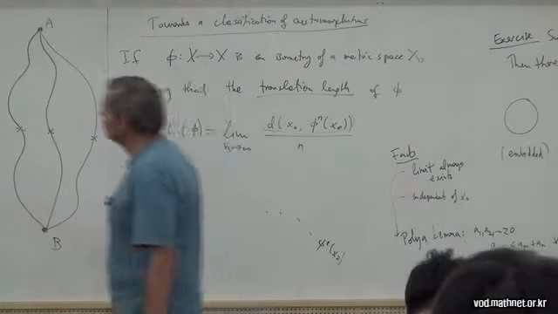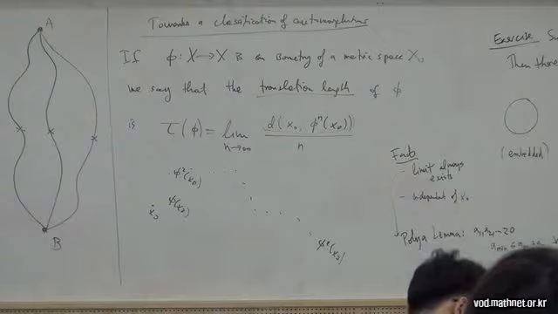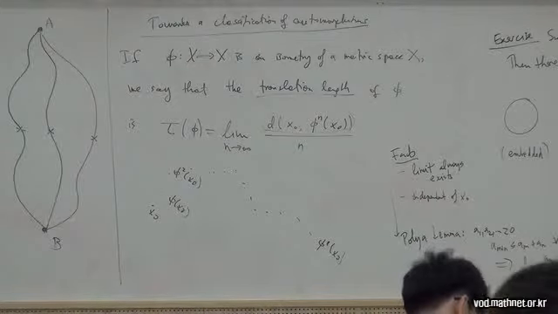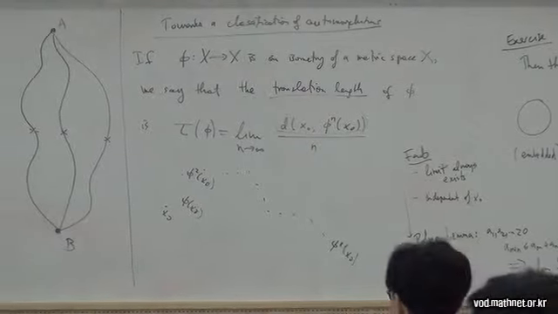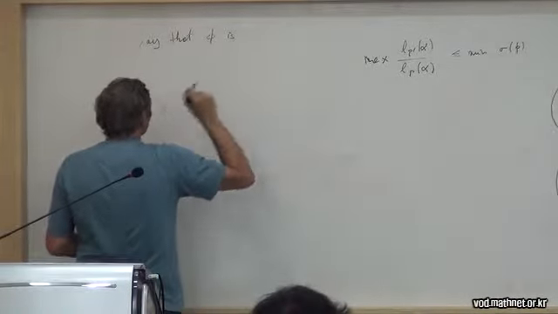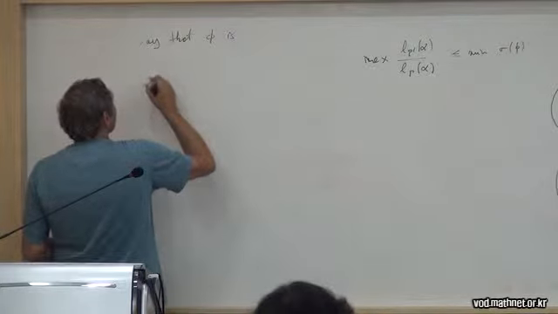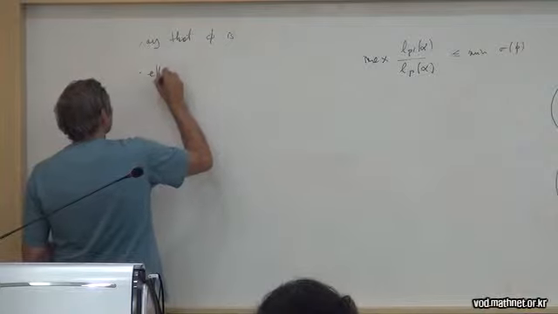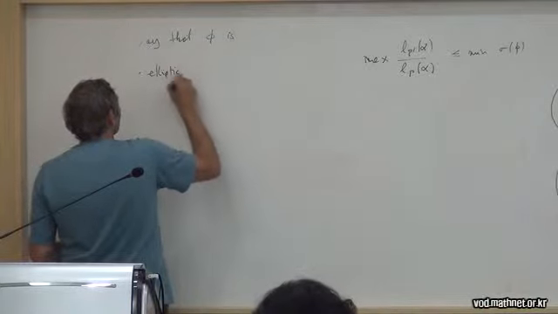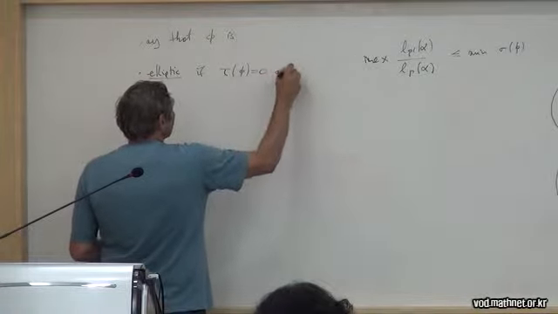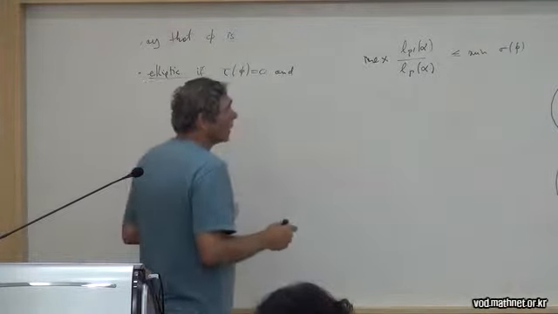Okay. So then there is a classification. This is just logic, I guess. So we say that phi is elliptic if tau of phi is equal to 0 and is realized.